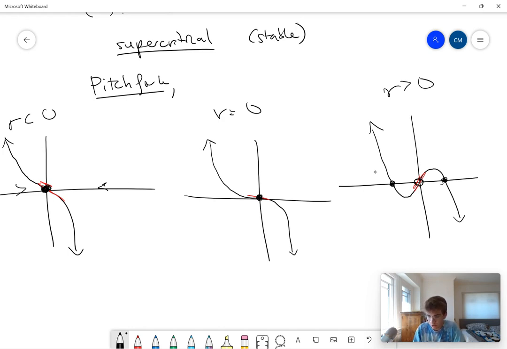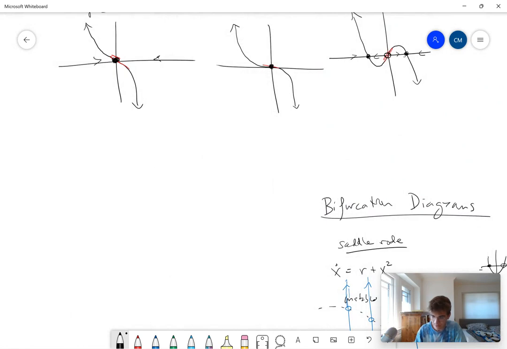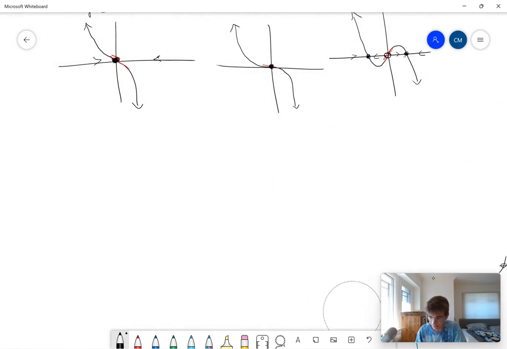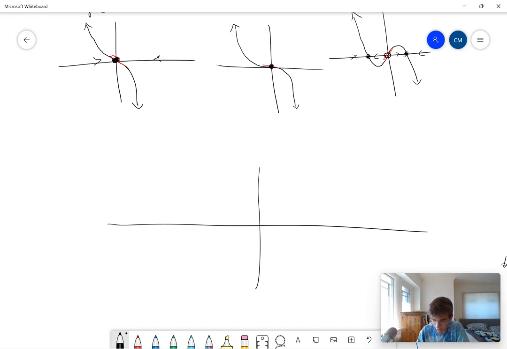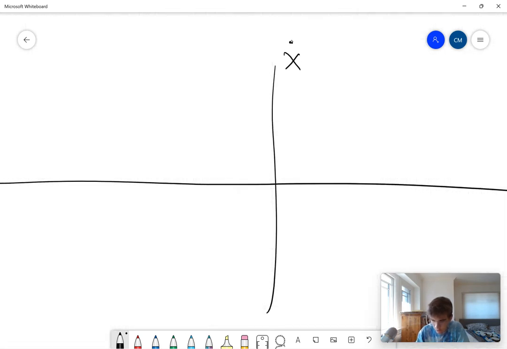Okay, and so if I were to draw the bifurcation diagram for this system, it's going to look something like this. So we're going to have x star, x dot, and r.